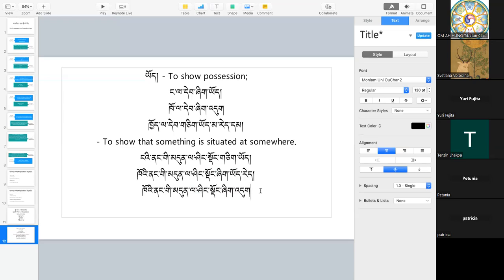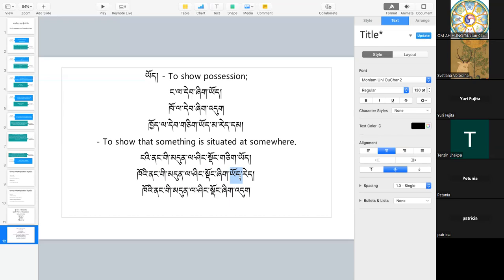But in here, instead of the actual word that talks about possession, we're actually using this as a term that confirms the situation or position, the confirmation of something being somewhere.